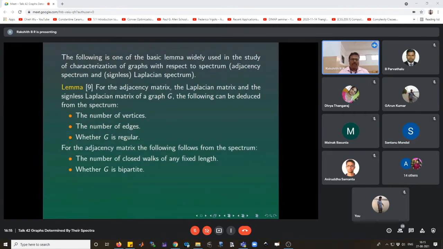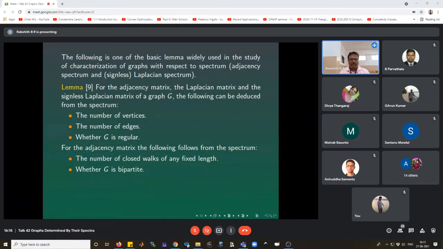So also from the adjacency matrix, the following additional information can be drawn. One is we can count the number of closed walks of any fixed length from the adjacency spectrum, and also we can check whether the graph is bipartite or not.